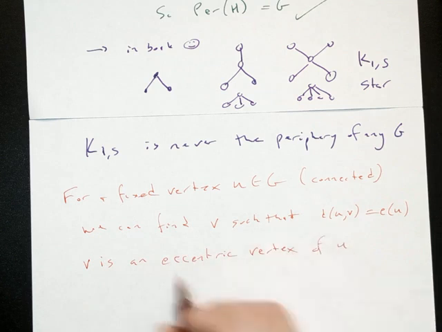Then instead of describing eccentricity, we can describe the eccentricity of U. Make sense? This is a spot furthest away from you. There could be more than one, right?